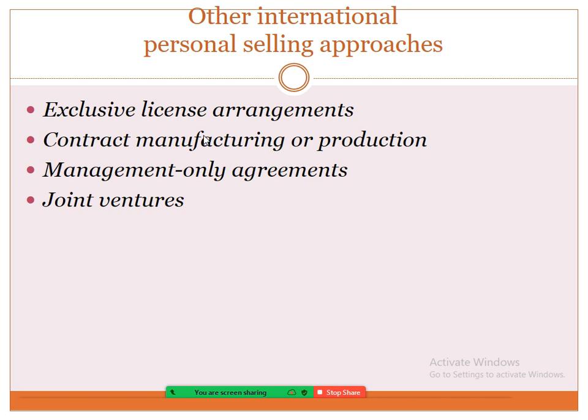Next is management-only agreements, through which a corporation will manage a foreign sales force in a mode that is similar to franchising. Hilton Hotels has these types of agreements all over the world, not only for hotel operations but also for personal selling efforts aimed at securing conventions, business meetings, and large group events.